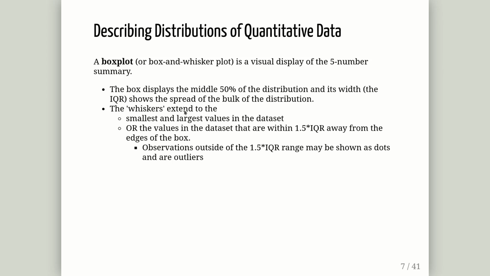And so what we do then is we declare anything that's outside of 1.5 times the interquartile range distance away from the box as an outlier. The whiskers extend to the furthest away non-outlier point, and then the outliers are shown with dots.